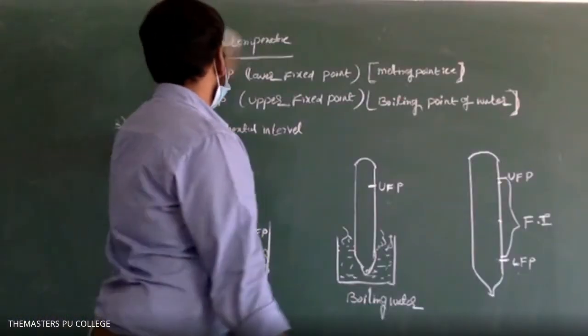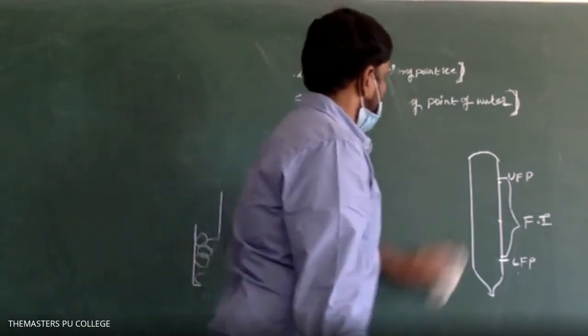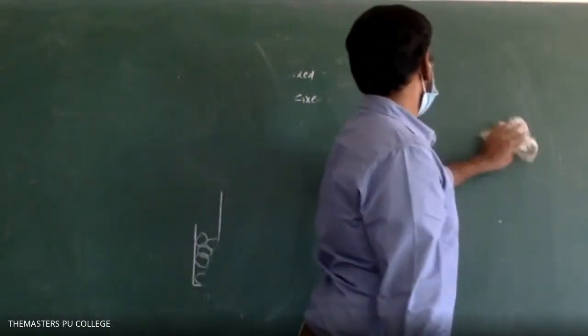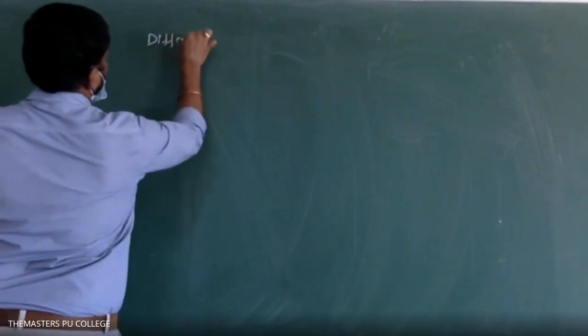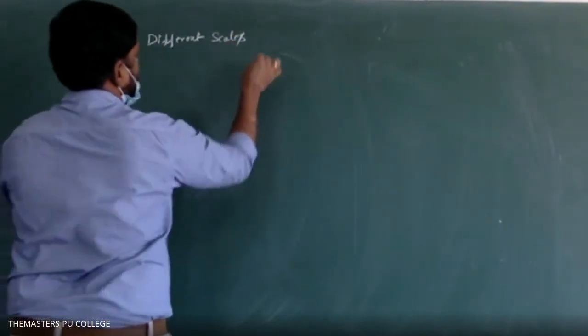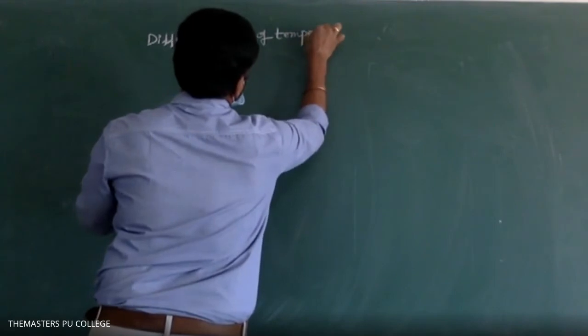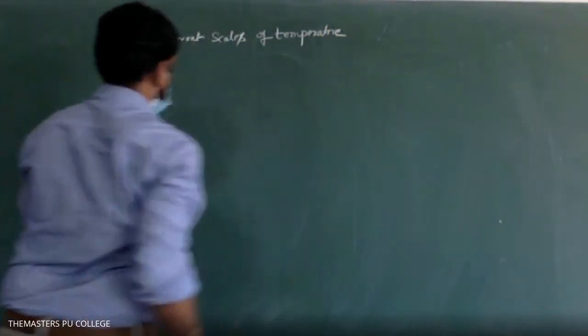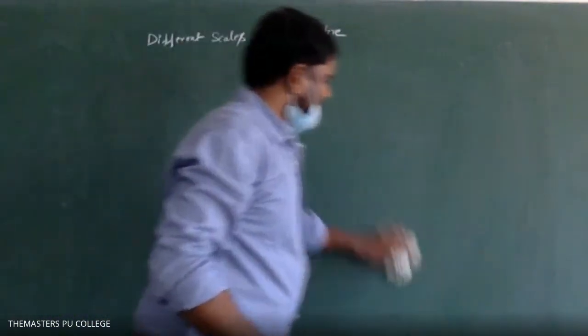Fine. Okay. So let us see what are the different scales of temperature. There are four different scales. Let us focus on that.